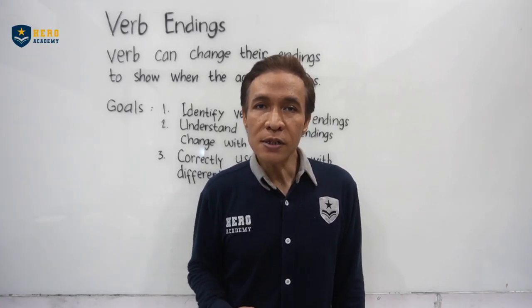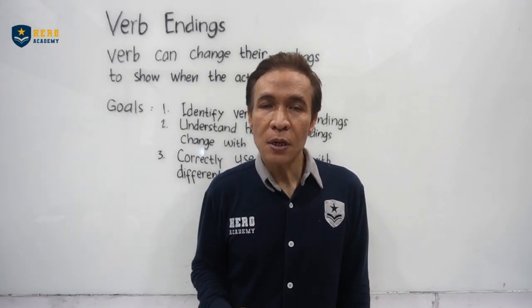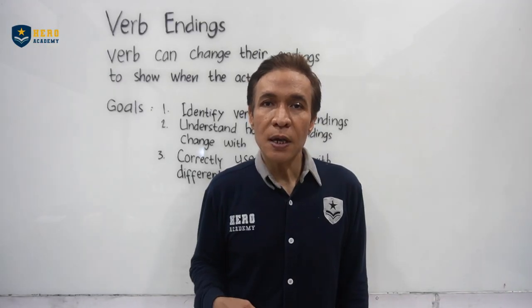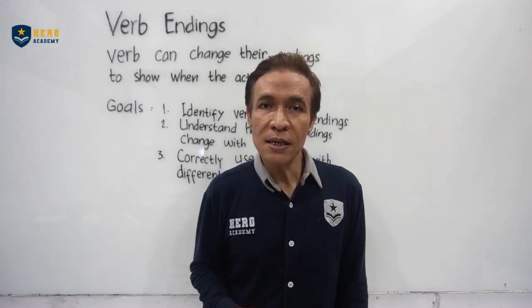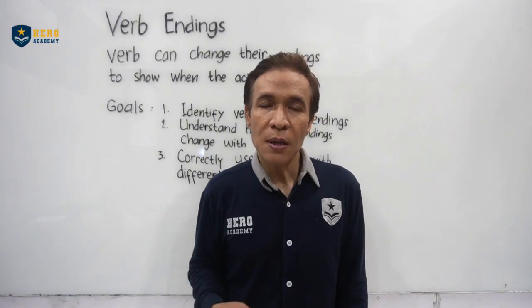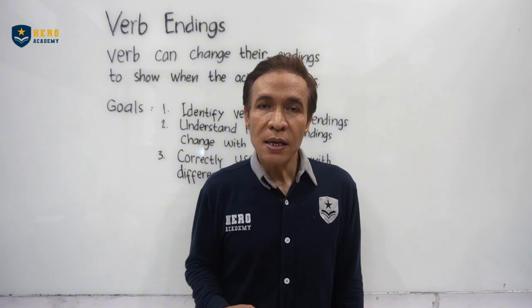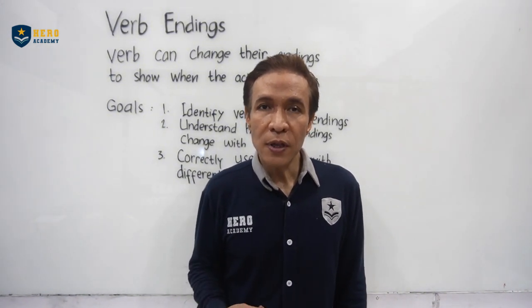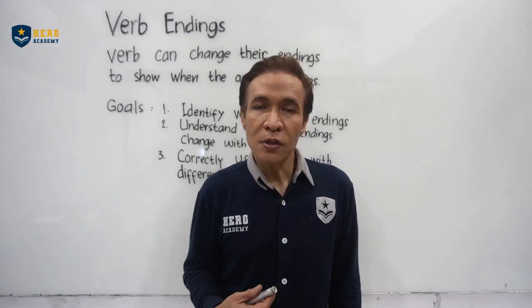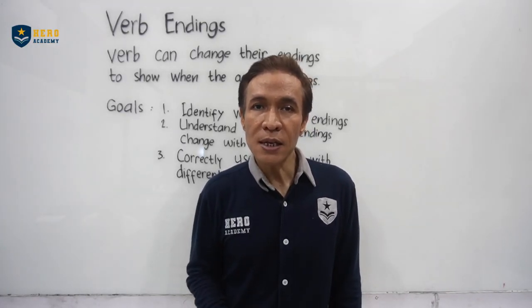Now, let's focus on regular verbs in which the verbs end in ed. For example, play becomes played. He played in the park with his friends. So the verbs end with ed.